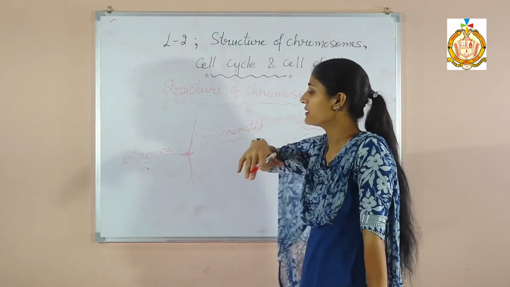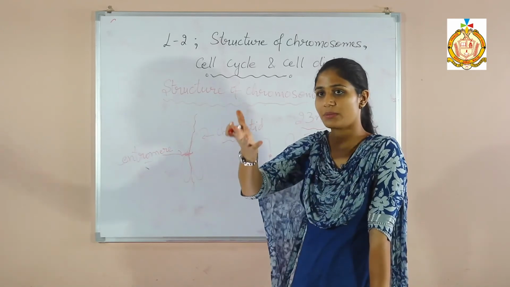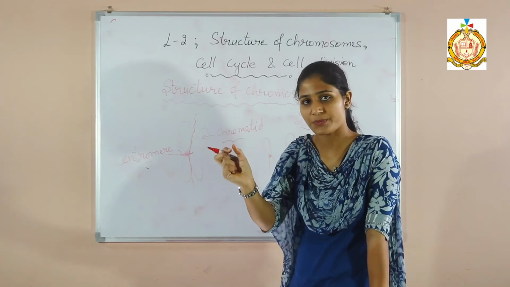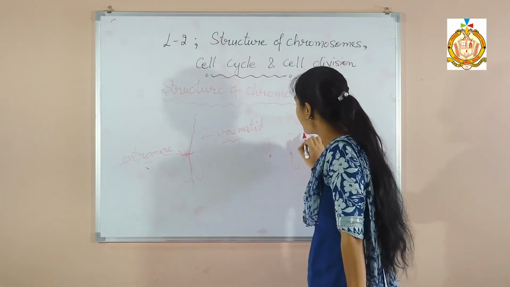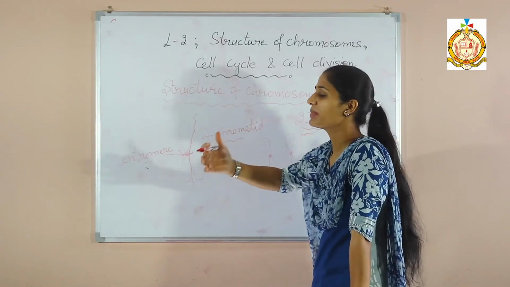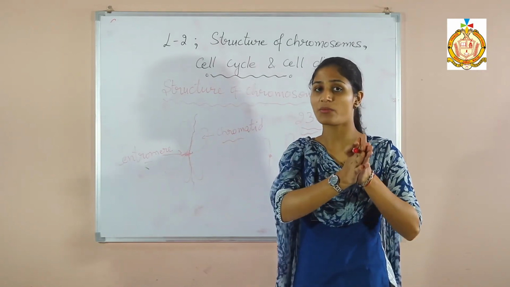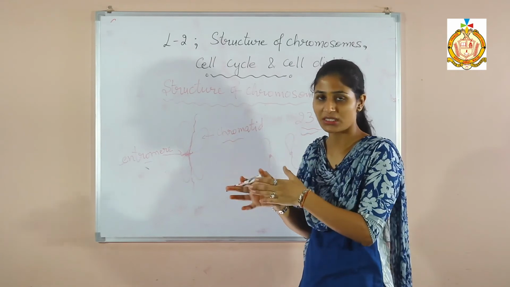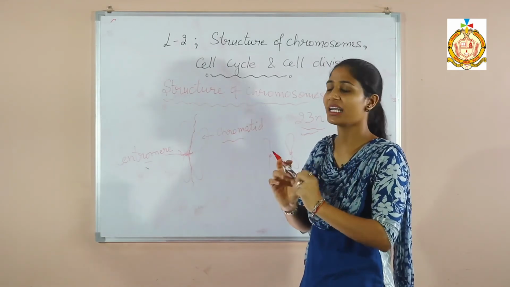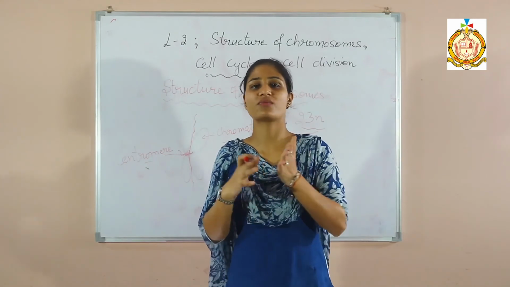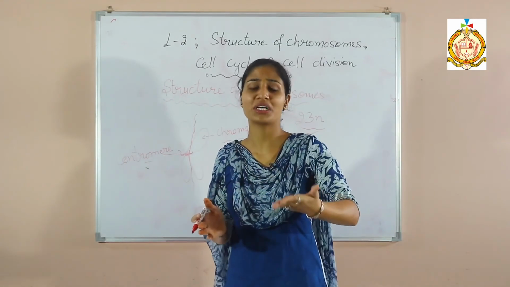And whenever the cell division takes place, whenever the reproduction takes place, then in a single offspring, 23 chromosomes are coming from each parent. 23 from a male, means from a father, and 23 from a mother, and afterward they are combining and giving the formation of a new offspring, and new chromosomes are forming in the offspring, the birth of a baby.